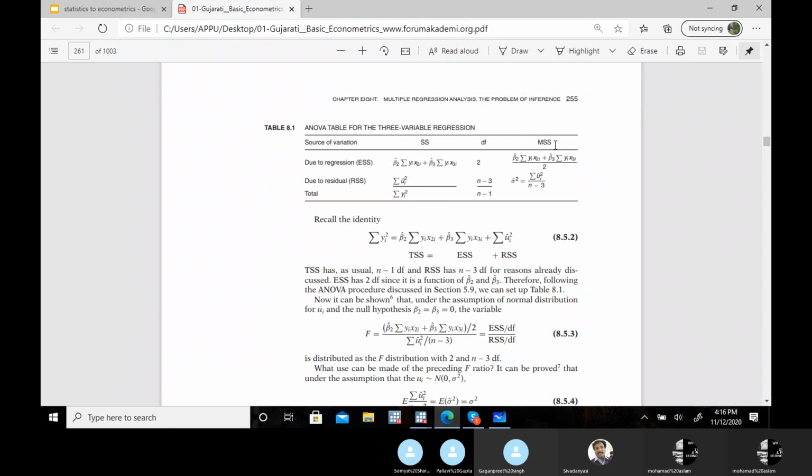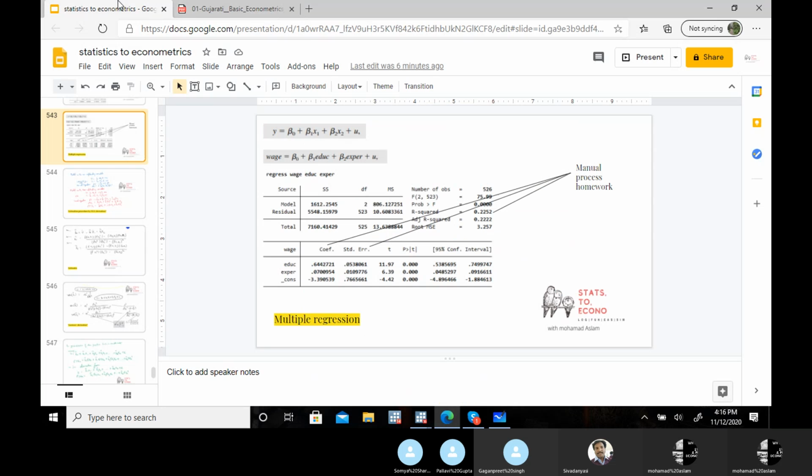This part is the mean sum of squares after dividing by the respective degrees of freedom. And this F ratio is this, like this 75. This ratio is about these two, 806 divided by 10.60. That is the F ratio.